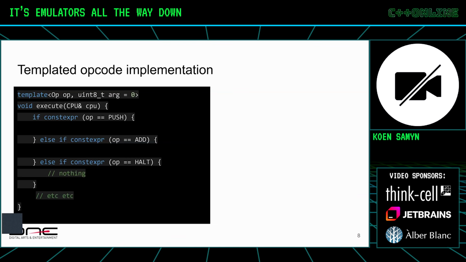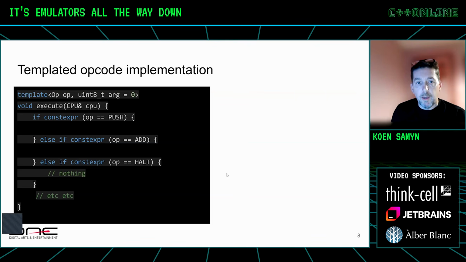All the opcodes have one argument now, which is not necessary for add and halt, but this can be changed in the future. This is just a quick demo to demonstrate the concept. As you may know, if constexpr selects one of the branches, and that's the only branch that will be expressed in the final code.